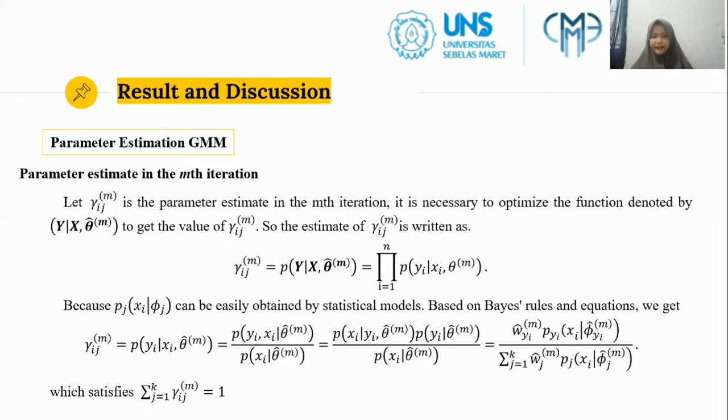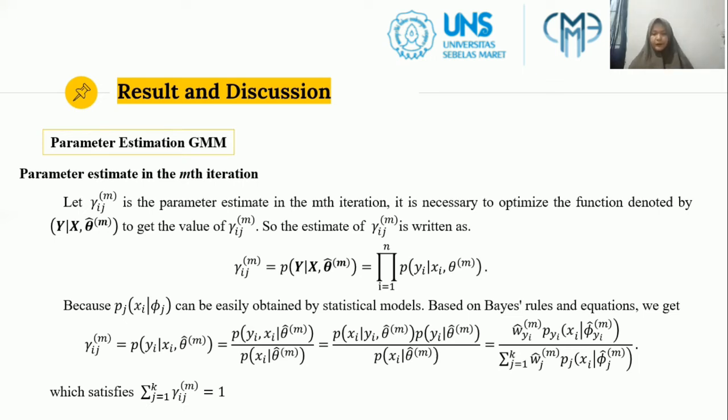Determine the parameter estimate in the M iteration. Let gamma IG be the parameter estimate in the M iteration. It is necessary to optimize the function denoted by Y with condition X, theta M, to get the value of gamma IG. So the estimate of gamma IG is written like this.